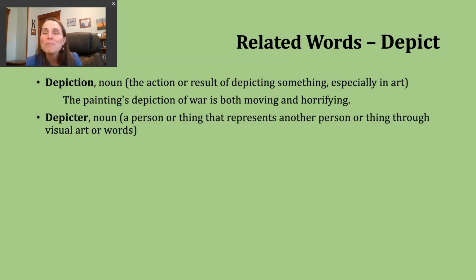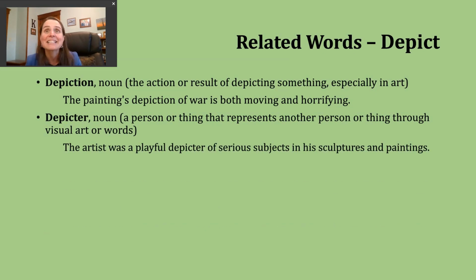Now, one more word for us to discuss today. It's the noun depictor. This is going to be a person or thing that represents another person or thing through visual art or through words. An example of this: the artist was a playful depictor of serious subjects in his sculptures and paintings.